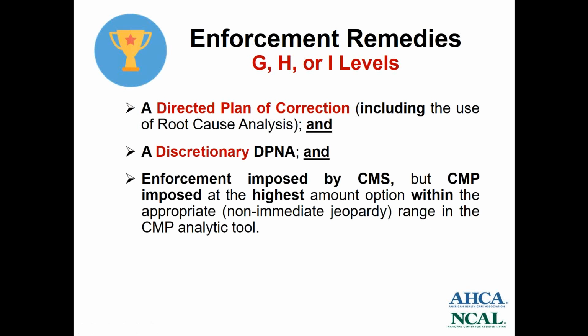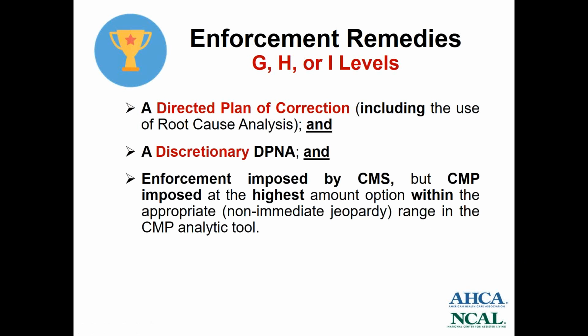If you go on to the CMS website, you can locate S&C letter 17-37 that was released in July of 2017. That particular letter has the analytic tool that CMS uses and how they're going to assign penalties.